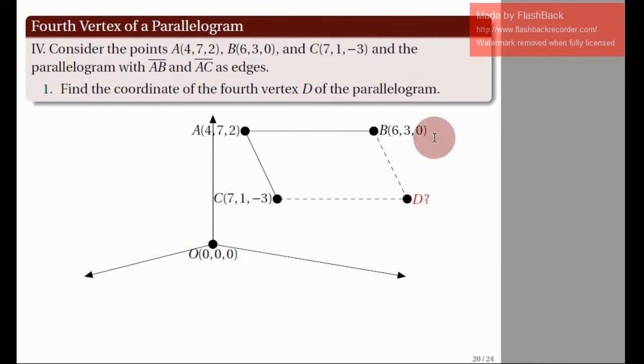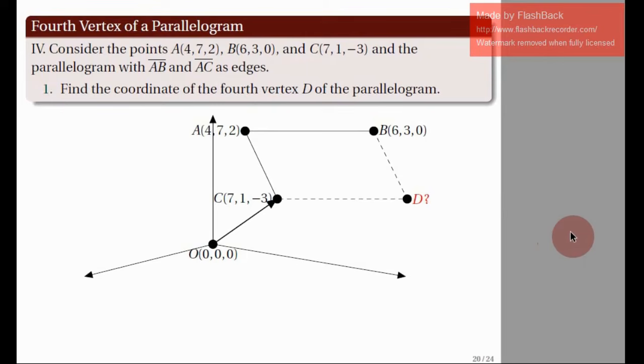Okay, so of course our lesson now is on vector calculus. And what we have so far are just points. So maybe let's make our vectors appear in our diagram. Let us first consider maybe vector OC, the vector having O as its initial point and C as its terminal point.